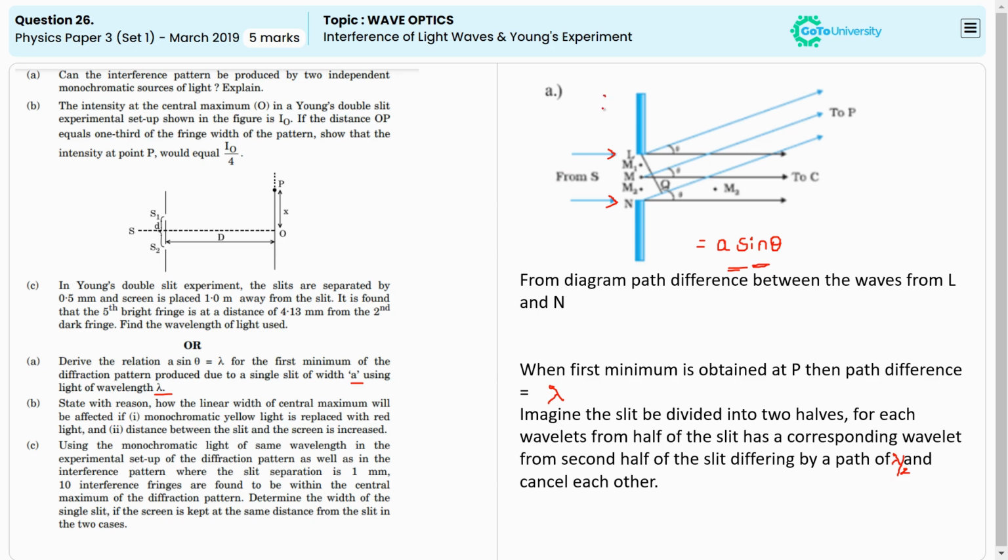Then the condition for the first minimum, we can write, is lambda is equal to a sin theta. We know this already: for the first minimum, lambda is equal to a sin theta.